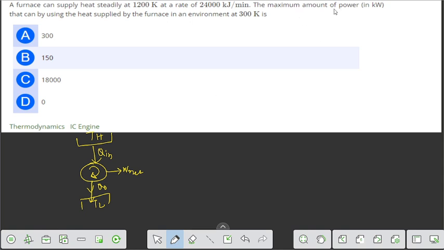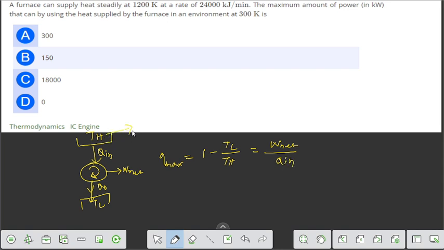So for maximum power output, that means we have to follow the Carnot cycle, that means maximum efficiency. The formula is 1 minus TL, the lower temperature of the sink, divided by TH, the higher temperature of the source, which is equal to W net divided by Q in.